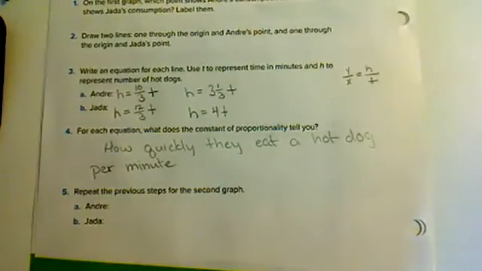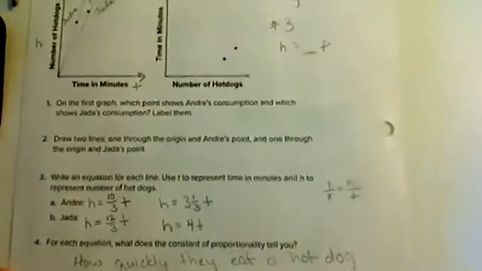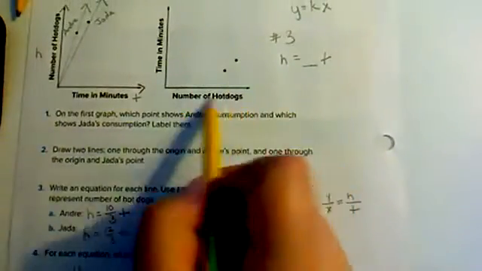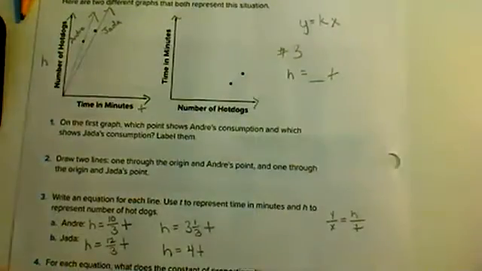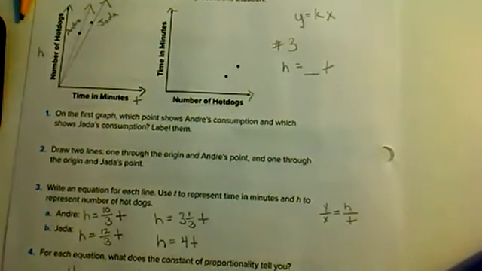All right, so we need to repeat the previous steps for the second graph. So we're going to be doing 1 and 2 and 3 for the second graph. Now that the hot dogs are down here and the time is up here, so hot dogs are going this way and our time is going up that way, which point is who?